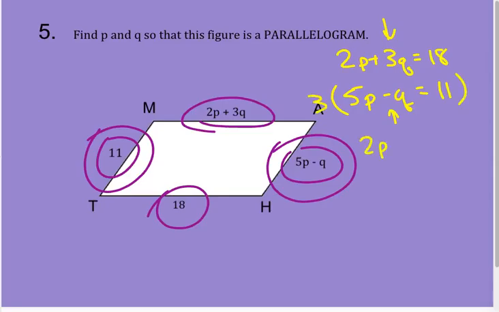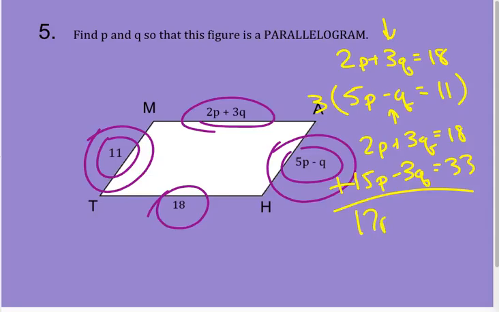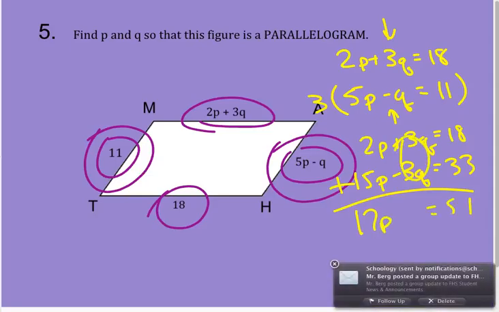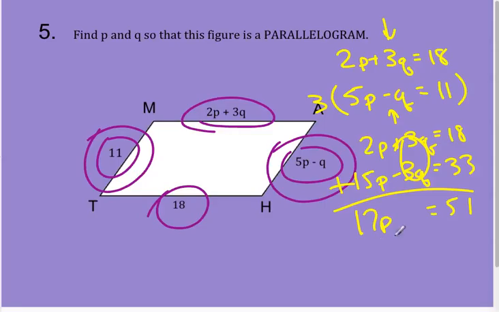So I'm going to keep the top one as is. Bottom one's going to become 15P minus 3Q equals 33. So when I add these two, this becomes 17P, this becomes 0, this becomes 51. So a little division, P is going to equal 3.